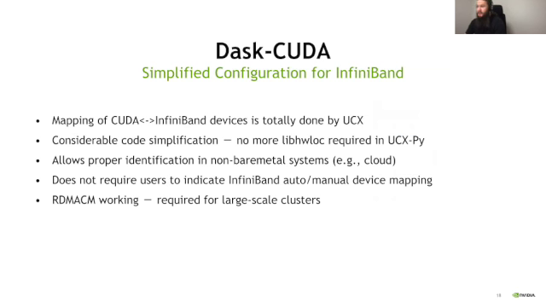Besides, this was mostly limited to bare metal configurations, and complex cloud systems weren't able to determine the correct mapping automatically, for example. Finally, RDMA-CM now successfully works with all known Dask use cases. It used to be unstable and depend on several different variables in UCX-Py and Dask to make sure it worked correctly in past UCX versions, but this is now much simpler.